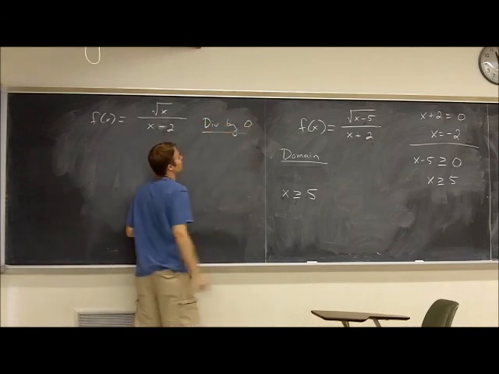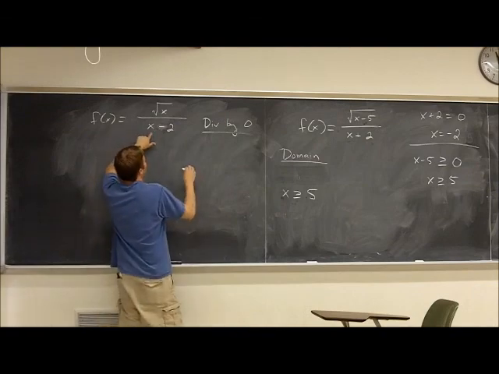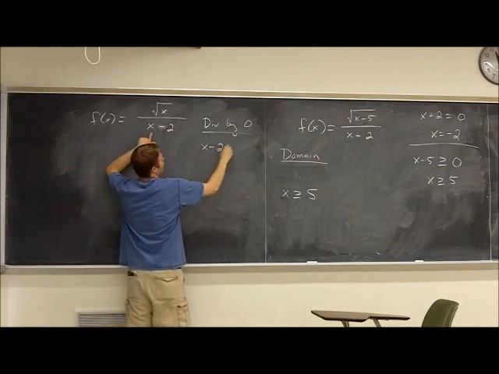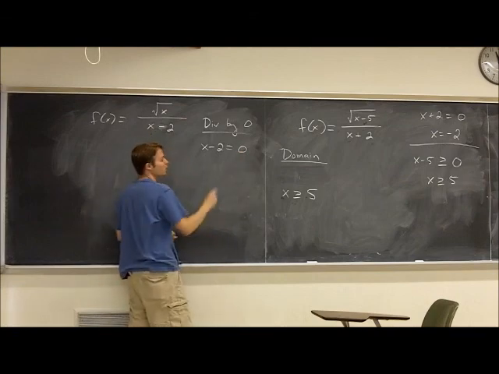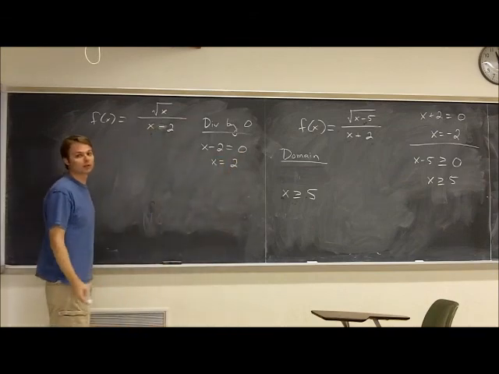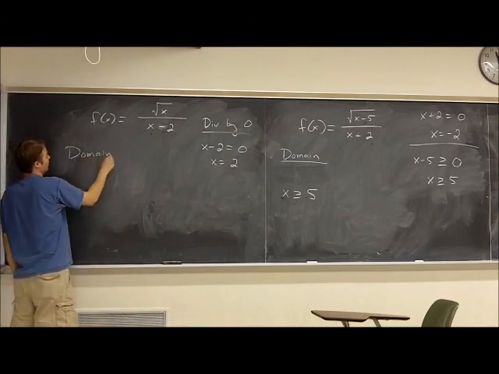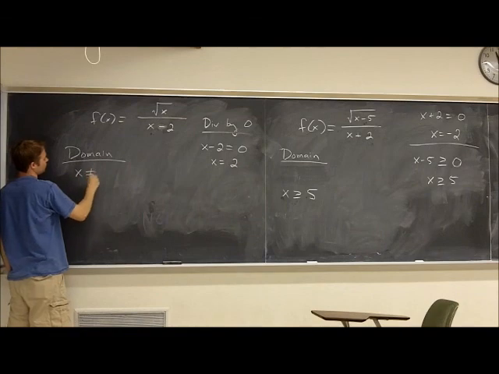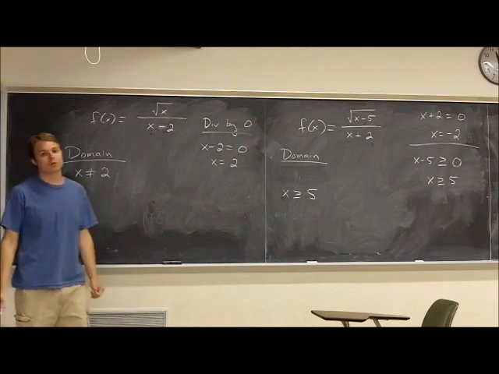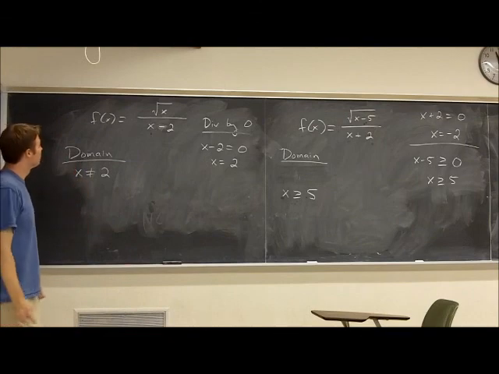It doesn't matter which order you do them. If I take the denominator and set it equal to 0, this would be a bad thing. It would be really bad if x was equal to 2. So in my domain, I definitely don't want to let x equal 2. That's going to be outside of my domain.